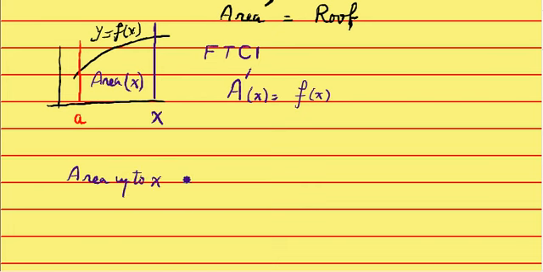How did we used to do areas? We used to have this integral sign. Now, here's the problem with the integral sign. We are starting at a, and instead of a fixed ending point, which we used to write as b, now we are saying I want to stop at x.